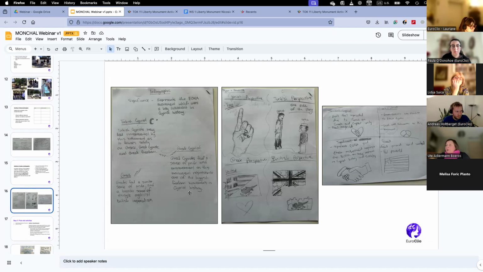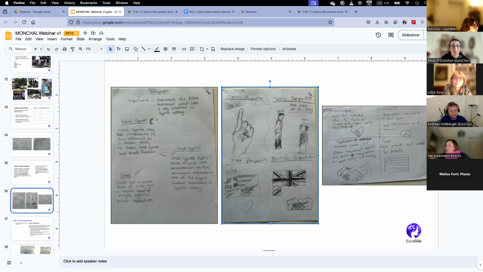Then another group would show the Cypriot perspective, which would be freedom. Then the Turkish perspective, this is just not represented. Maybe the Greek perspective. And what I found really interesting is this one here, the British perspective, that a piece of the puzzle of the British Empire was taken out as a result of the independence.